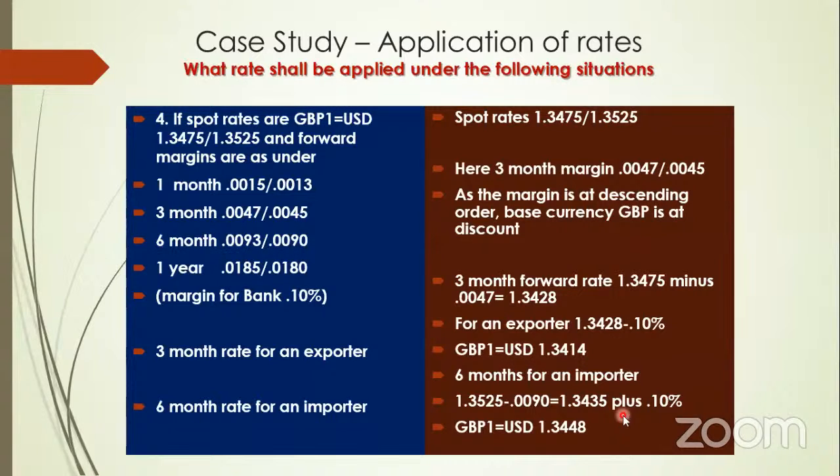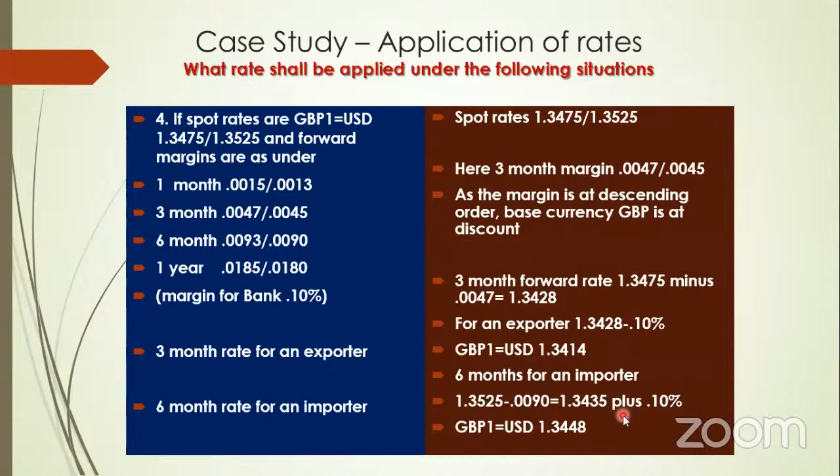Bank margin, bank profit, will be deducted for export transactions and inward remittance. Understood or not? And bank margin will be added to the offer side for importers and outward remittance. This is the ground rule, the thumb rule. Okay. Now have you understood?